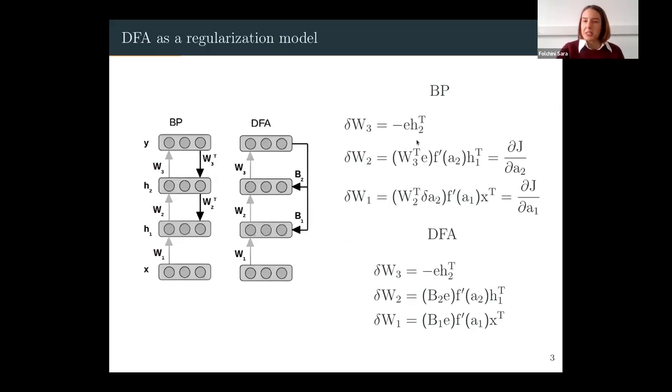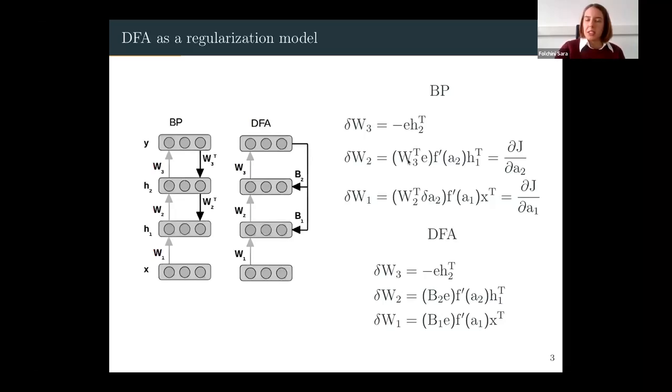Here, don't be scared. I just want to compare the equations of BP and DFA. The last layer is updated exactly in the same way. The error is mapped in the same way. In W2, the matrix of the intermediate layer, has this difference instead.